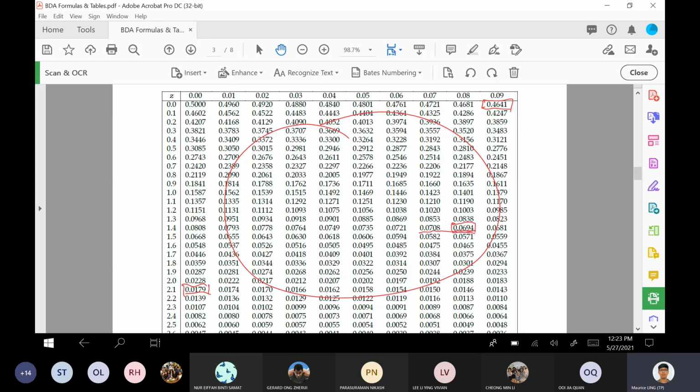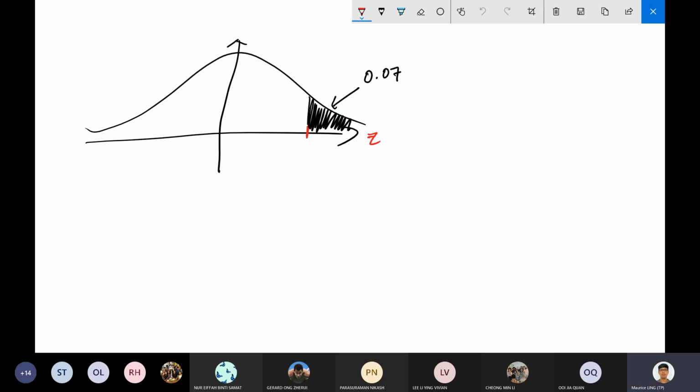Make sure you don't have a parallax error. The answer here will be 1.48, which means that at this point it is about 1.48. Understand?